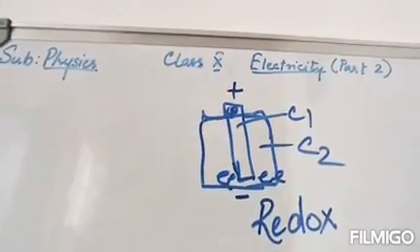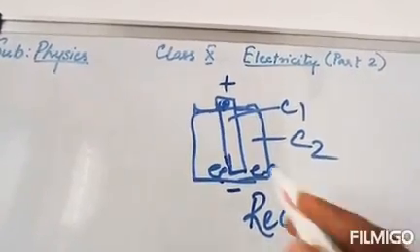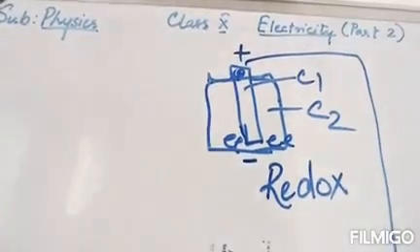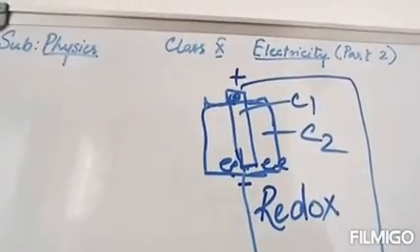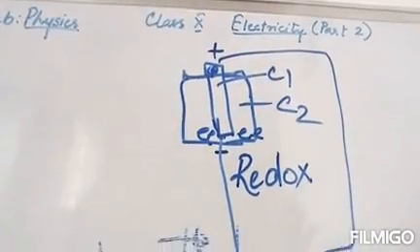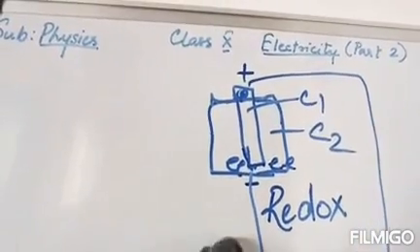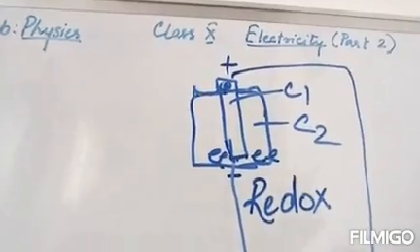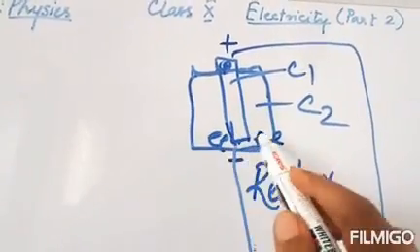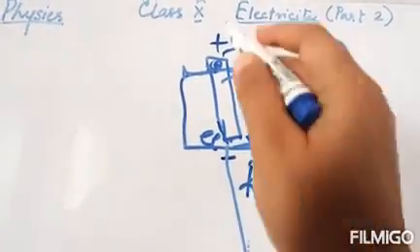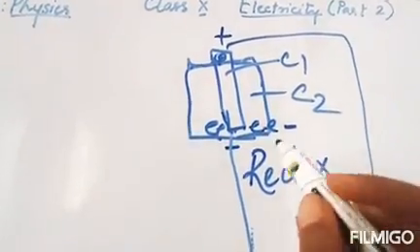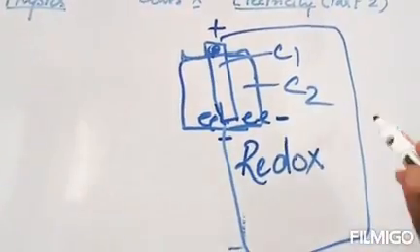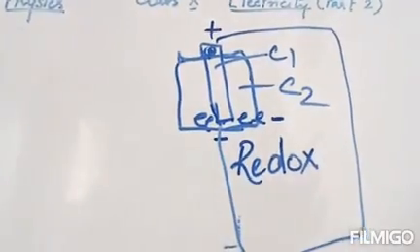Okay, understood? Now when this battery is connected to a circuit, what does circuit mean? Circuit means any metallic wire which is a good conductor of electricity. Now if it is connected to that wire, this end is negative charge and this end is positive charge, as I have told you. Here also there will be some free electrons moving, valence electrons.